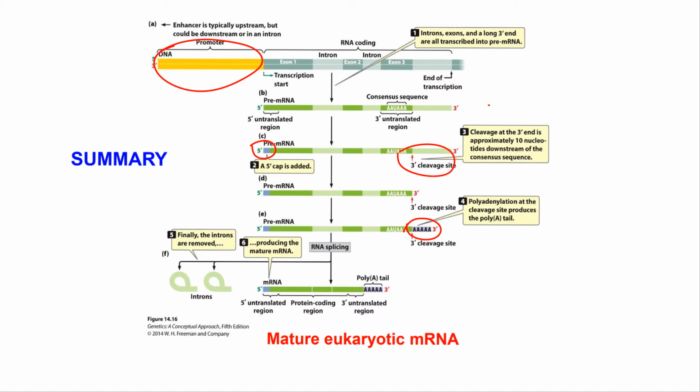After these two modifications, pre-mRNA is spliced. What does it mean? Non-coding sequences, introns, are removed and exons are connected. So mature mRNA contains a protein coding region consisting of exons, the 5' UTR, which is capped, and the 3' UTR, which is followed by the poly A tail.